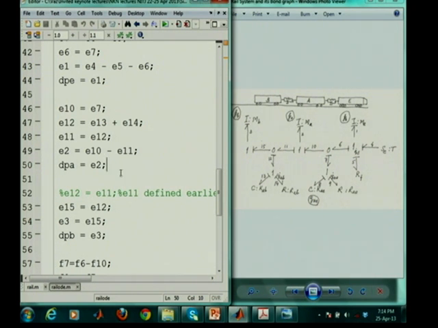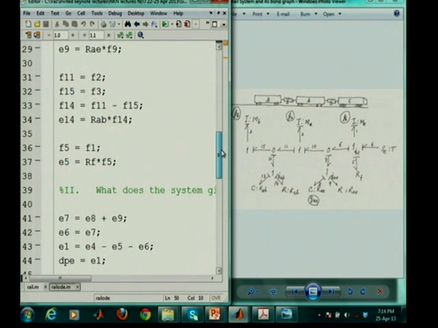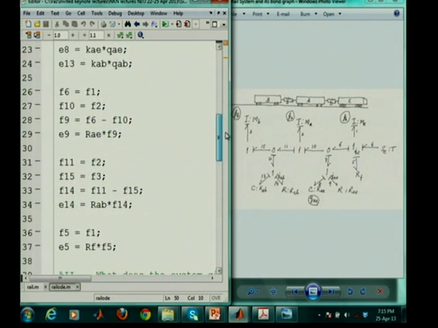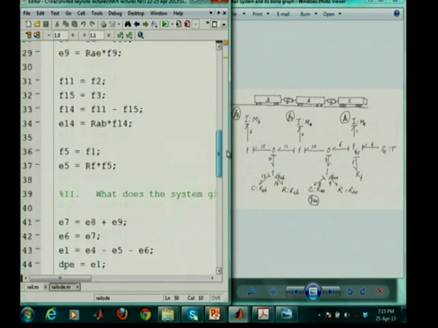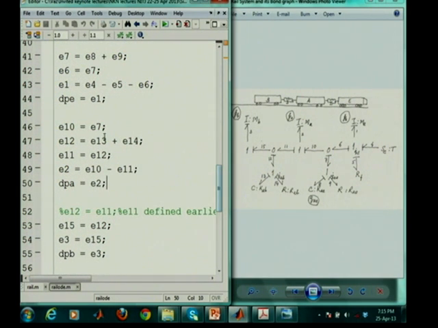Effort 12 is equal to effort 13 plus effort 14. And effort 13 and effort 14 have both been defined earlier. Look at line 24 and line 34. Then effort 10 is the same as effort 7, and effort 7 also has been defined earlier on line 41. So this question is also answered.